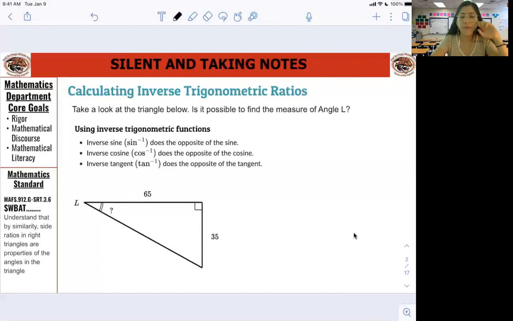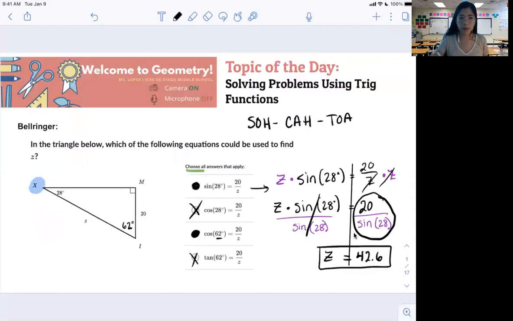Good, square root. Now in this case, we have inverses for sine, cosine, and tangent. They're just called the inverse sine, the inverse cosine, and the inverse tangent. So this is how they work. Sometimes, like in this problem, we were missing the value of a side length, right?